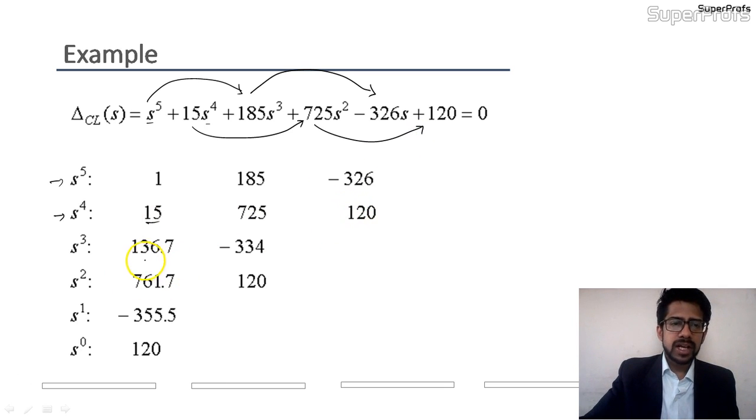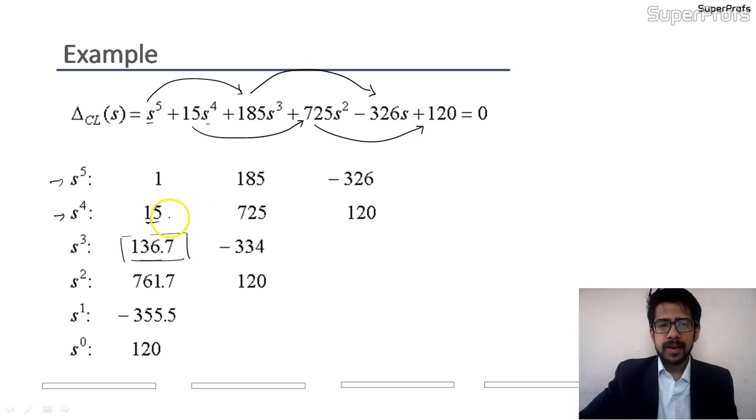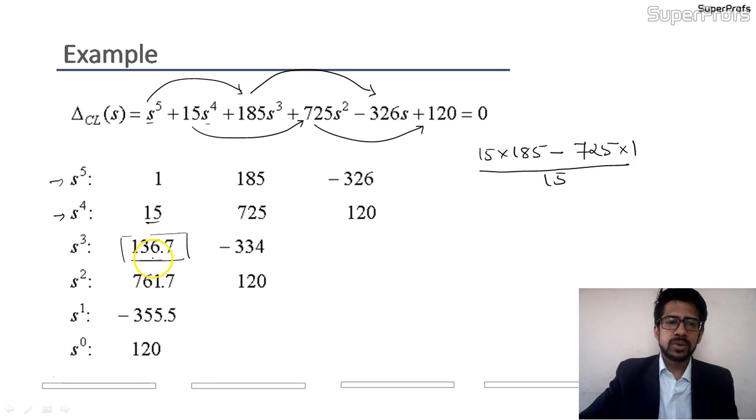Now you have to calculate this particular element. This can be calculated as 15 into 185 minus 725 into 1, upon 15, which gives me this particular value, 136.7.